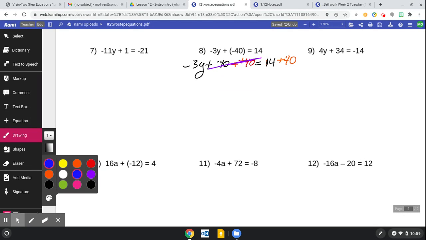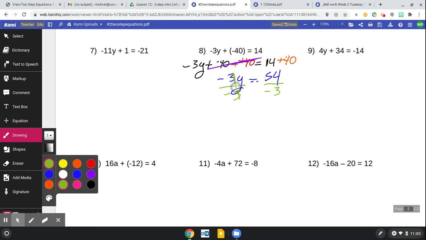All right, so let's rewrite. I have a negative 3y equals, and 14 plus 40 is 54. I have a multiplication. What's the opposite of multiplication? Division. You got this. You know what you're doing.